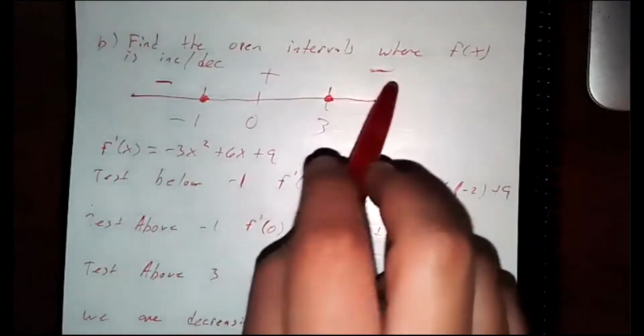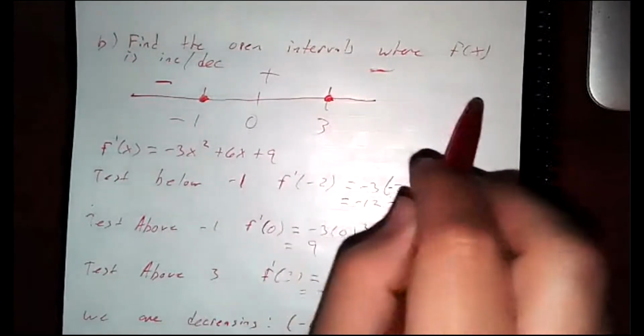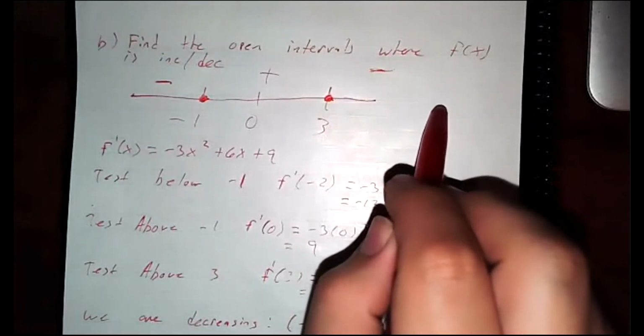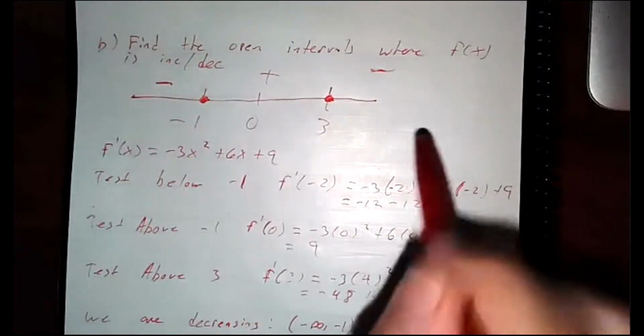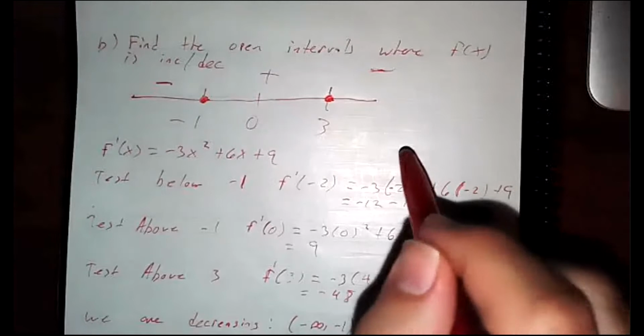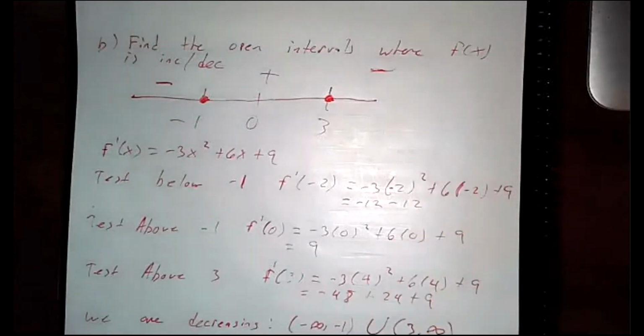If the derivative is negative after a critical point, then I am decreasing until the next critical point, although it could continue to decrease after the next critical point if there was one. A critical point does not guarantee a change in concavity, which we're going to talk about in 4.4.